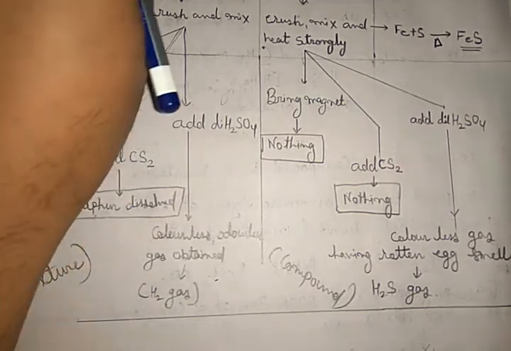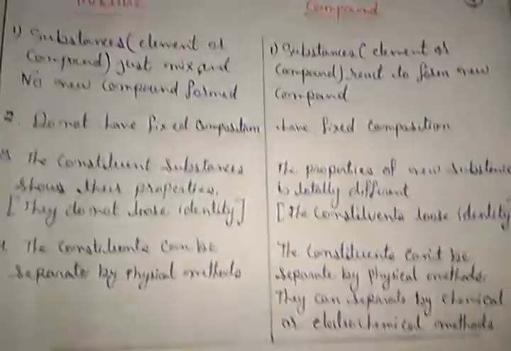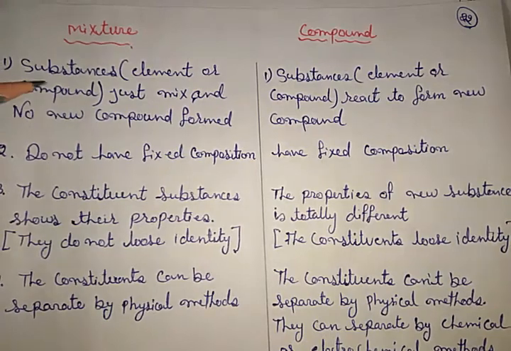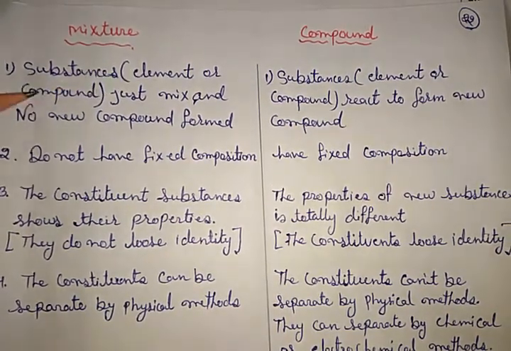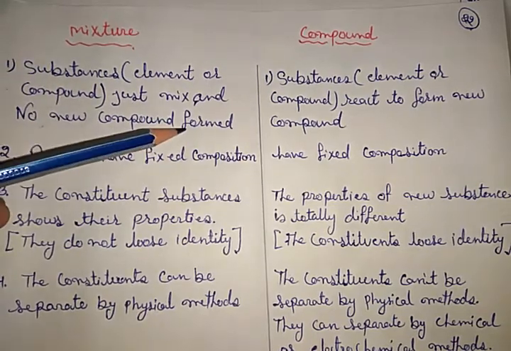Now if we consider it in a theoretical manner, then we can say that in a mixture, the substances, which may be elements or compounds, are just mixed, and no new substance is formed.